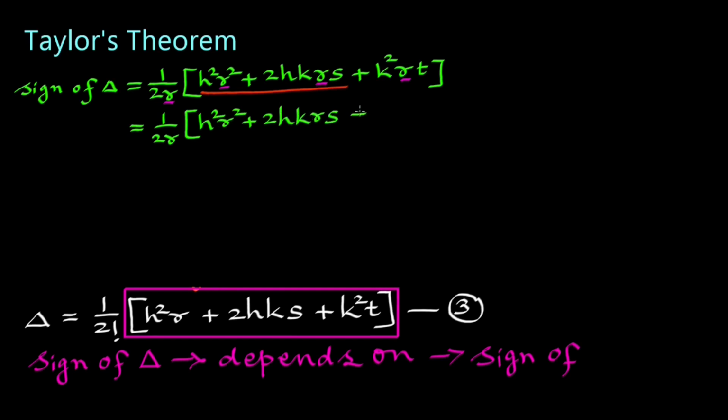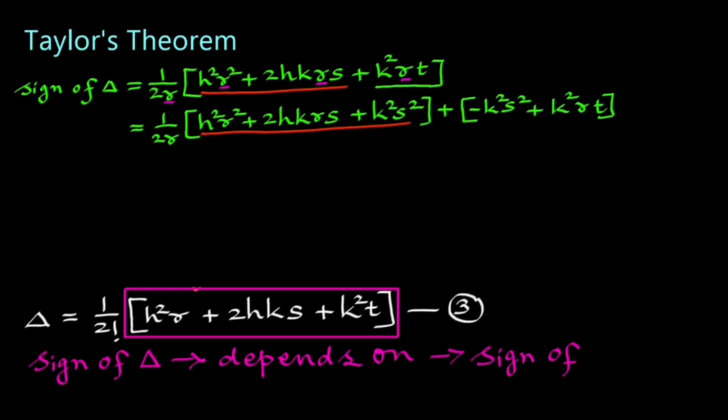Now we will add k square s square to make this trinomial a perfect square, then we subtract k square s square and again add this last term k square rt. Here we have rearranged the terms for convenience.